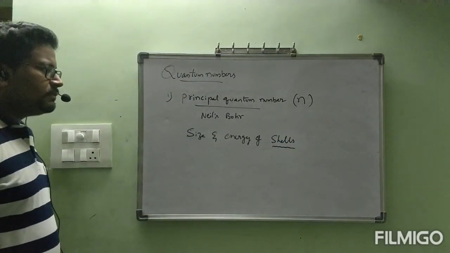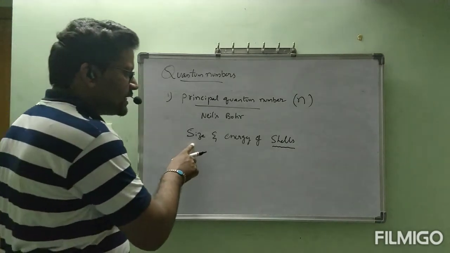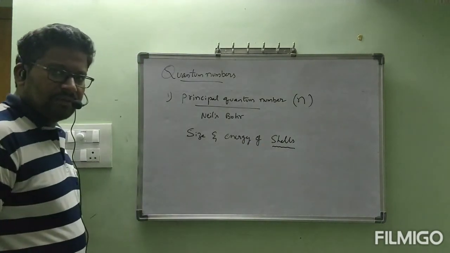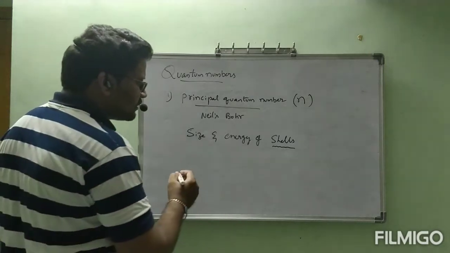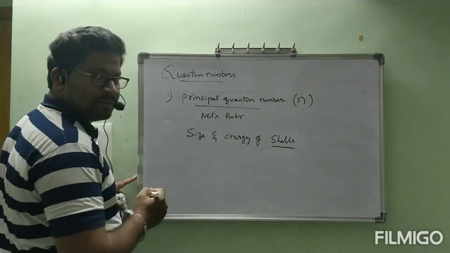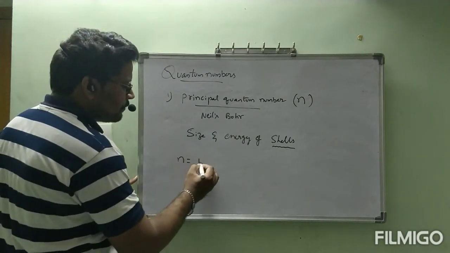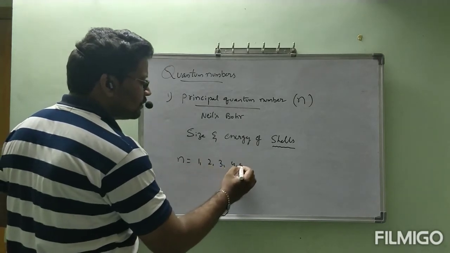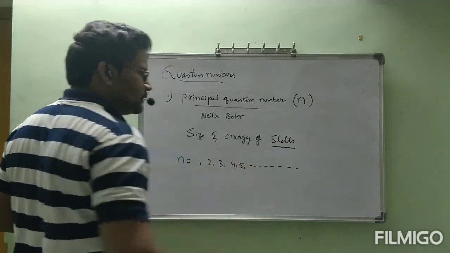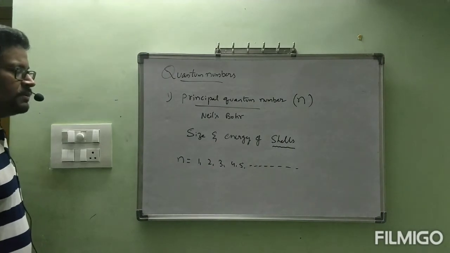Mainly the principal quantum number n discusses the size and energy of shells. What are the values for n? n is equal to 1, 2, 3, 4, 5, etc.